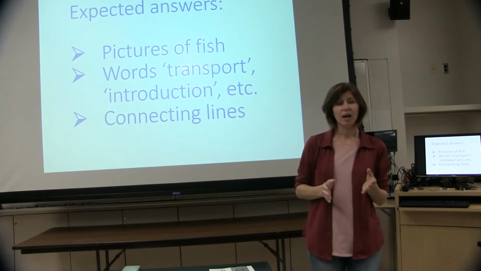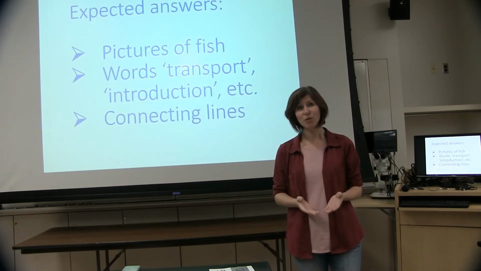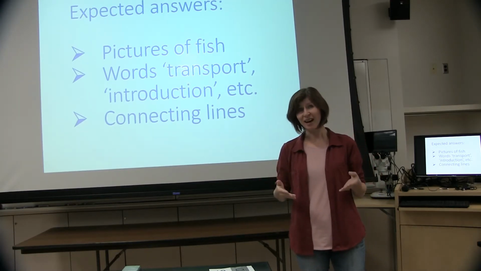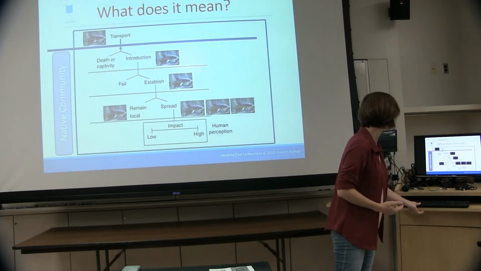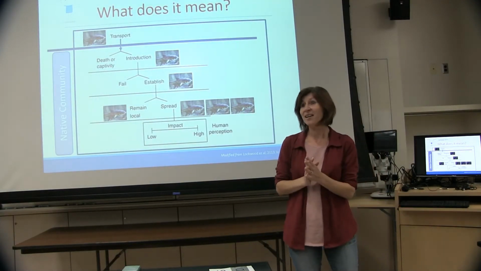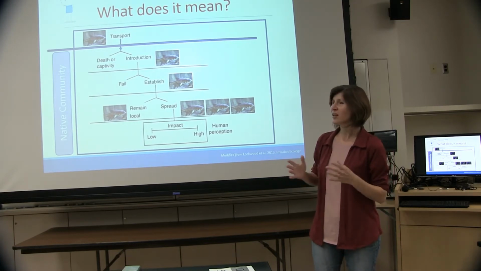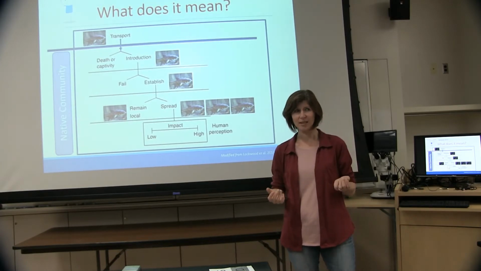At this point, I expect students to mention that they see pictures of fish, any other words, and also the lines which connect different terms. Okay, great. Now we can interpret that a little bit. So everything which you just described, what do you think that means?